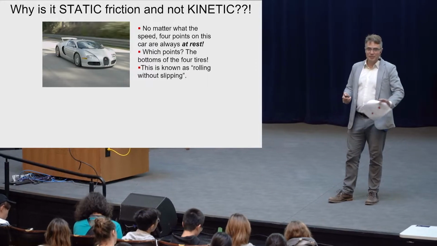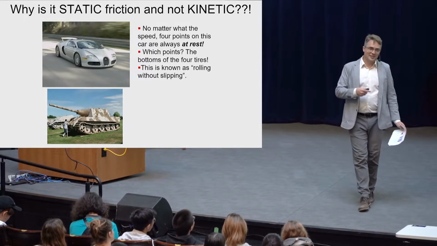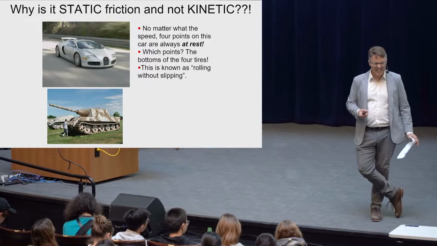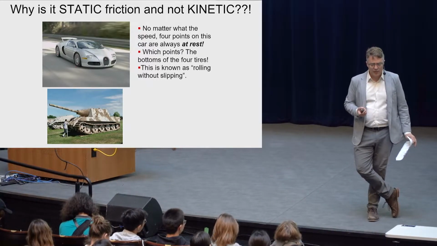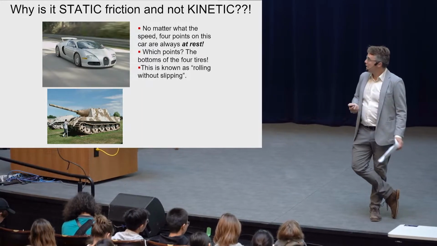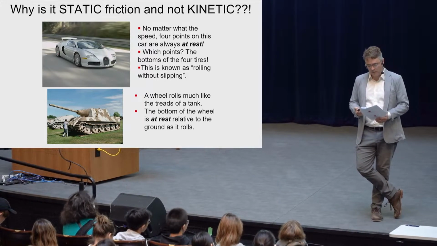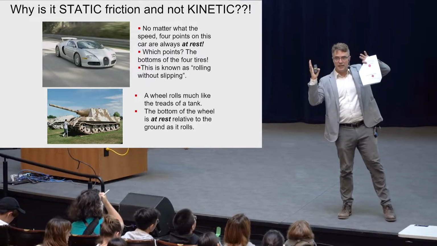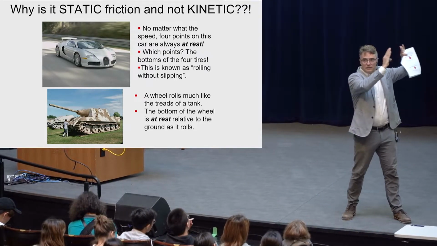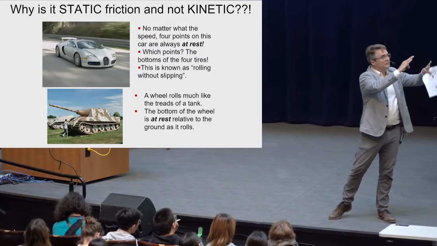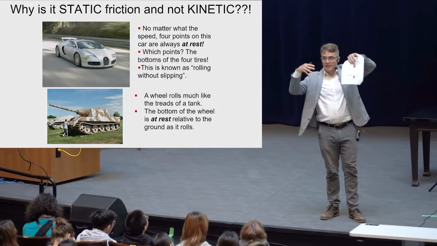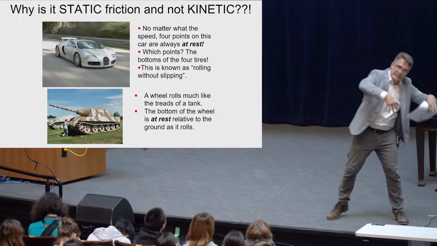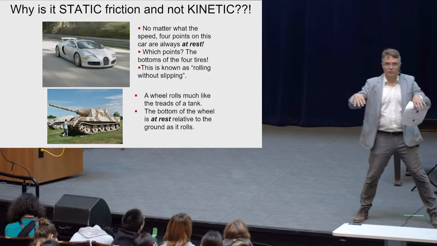So bear with me. Think about a tank and the treads on a tank. There are all these wheels, and as the tank moves along, it's laying down a sort of conveyor belt, and sometimes there are even spikes on the conveyor belt to give it really good traction that dig into the ground, and then the tank rolls over.